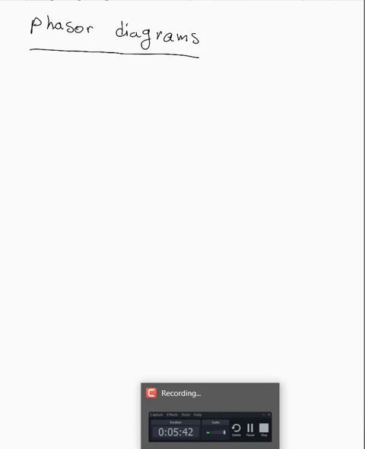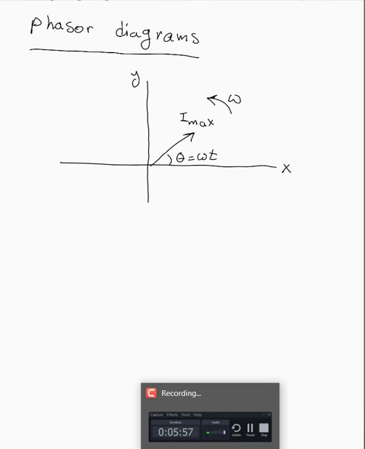Okay, let's talk about the phasor diagram. So like the previous cases, we need to be able to show how the current and voltage react to each other in terms of the phasor diagrams. So like always, I start with I max, and I choose theta to be the direction of I max on my phasor diagram.